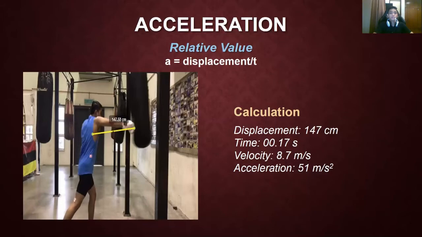The formula used to find the relative value of acceleration was acceleration equals change in velocity divided by change in time. So it calculates the rate of change in the velocity over time.